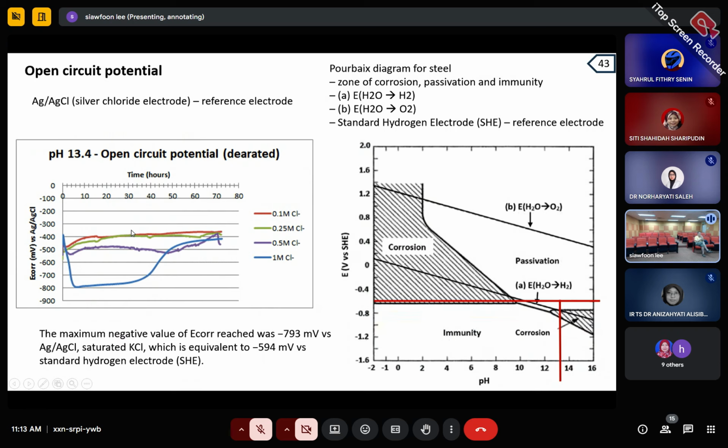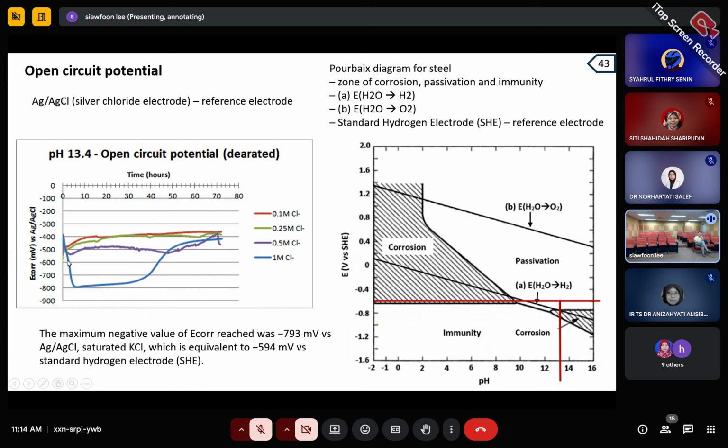It's almost close to the one inside concrete. And then I add different concentrations of chloride ion. And you can see at 1 mole, when I detect the open circuit potential, it is very, very different from 0.5, 0.25 and 0.1.